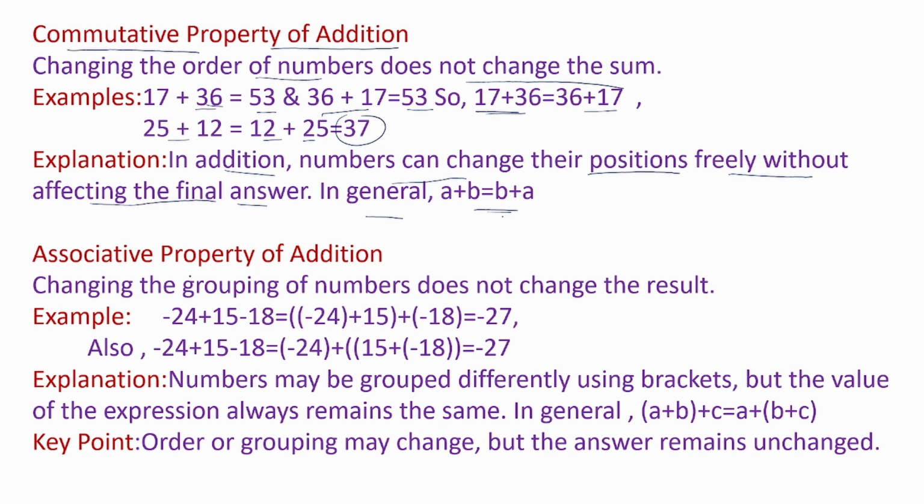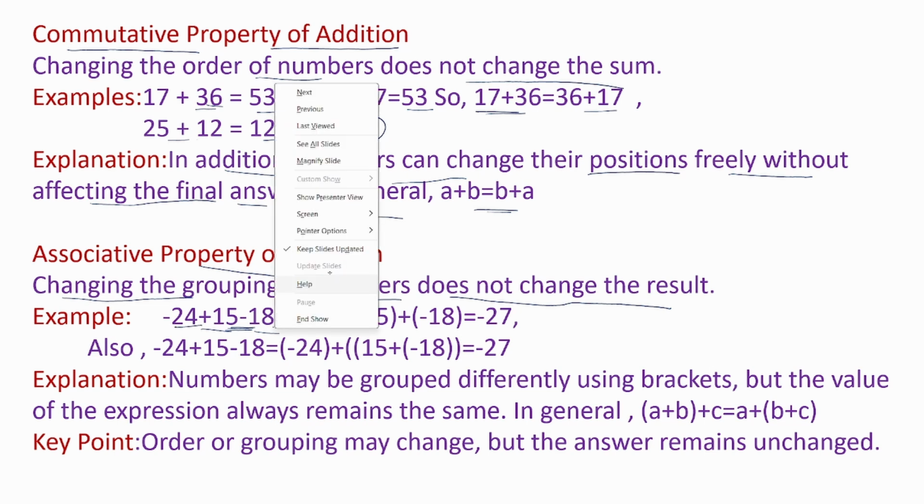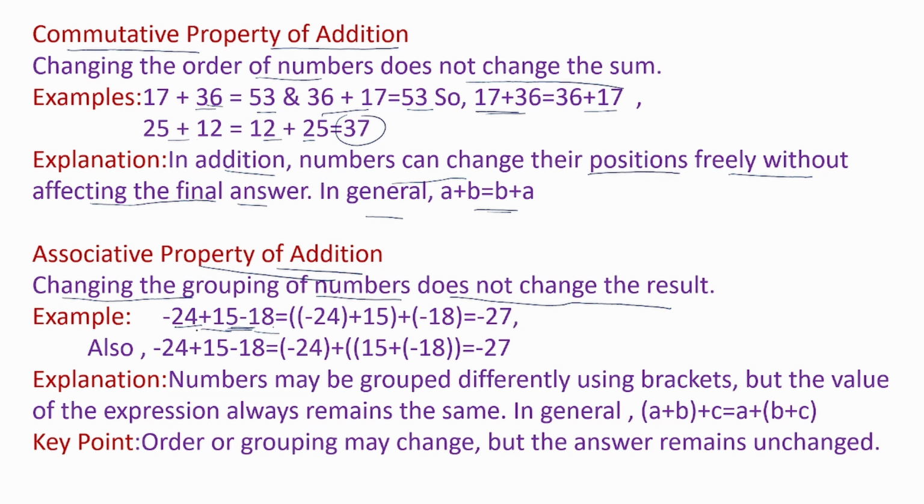Now let's understand the associative property of addition. This property says that changing the grouping of numbers does not change the result. For example, -24 + 15 - 18. We group the first two numbers, that means (-24 + 15) + (-18), which is equal to -27.